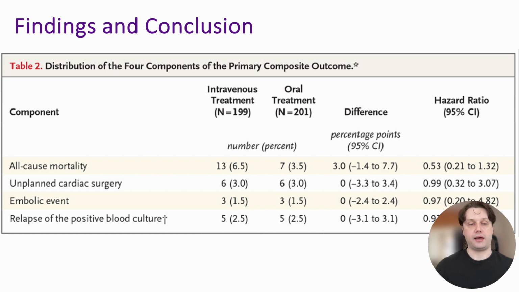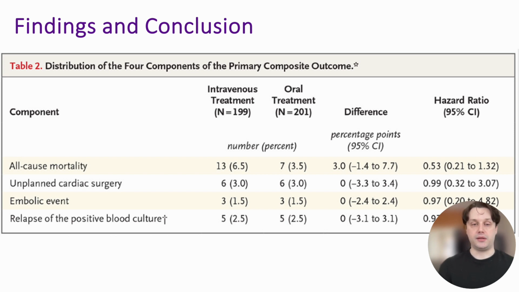If you take a look at the unplanned cardiac surgery, embolic events, and relapse of bacteremia, the percentages of intravenous to oral treatments are almost indifferent, and this is why this was a non-inferiority trial. So we have 6 to 6, 3 to 3, 5 to 5, with a 0% difference, with hazard ratios being the same.